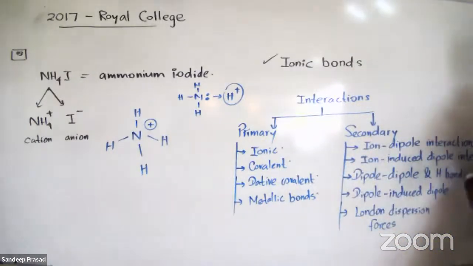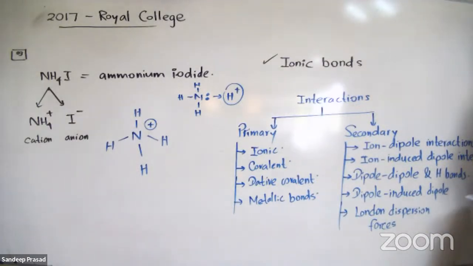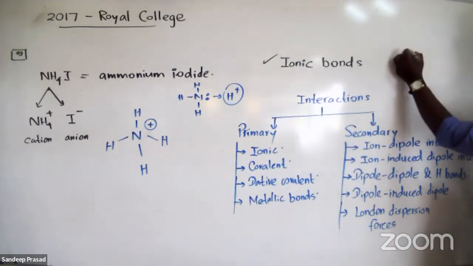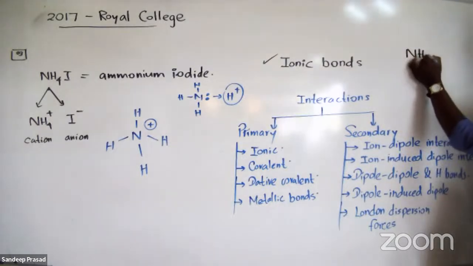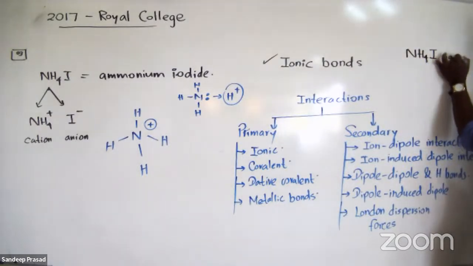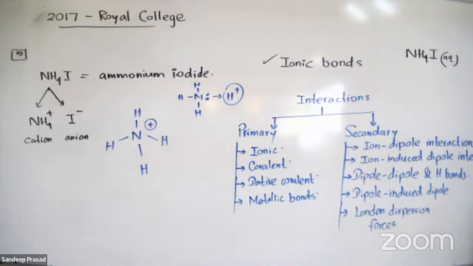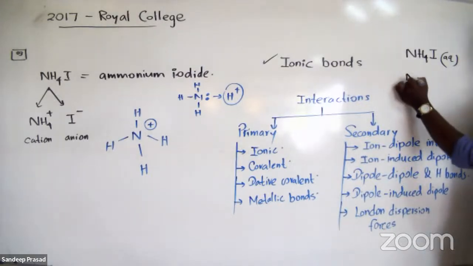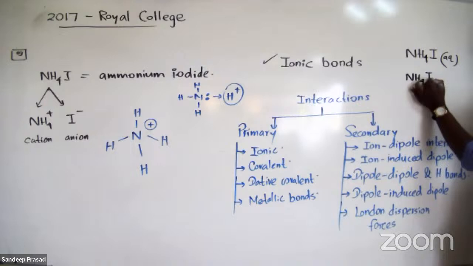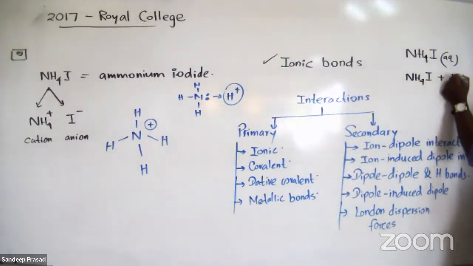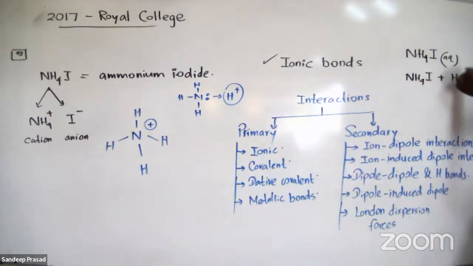Now let's move to the secondary interactions. Look at how easy these things are. They have given ammonium iodide aqueous solution. If it is an aqueous solution, ammonium iodide and water molecules are there. Students, aqueous means water molecules are there.